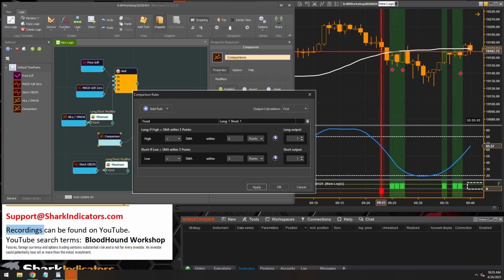And here we have the low, it looks like it's just barely within 5 points above that SMA. So as we look at all these, this high is just within, that high just outside that 5-point range, so on and so forth.